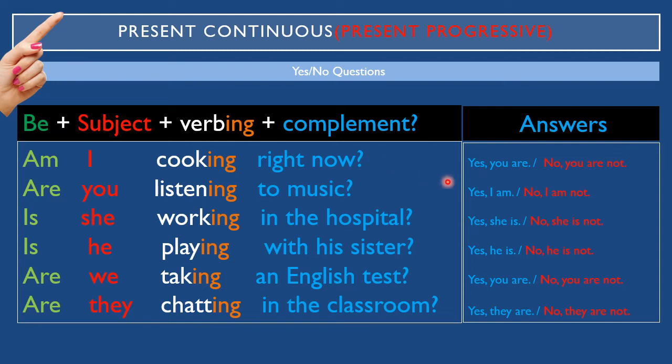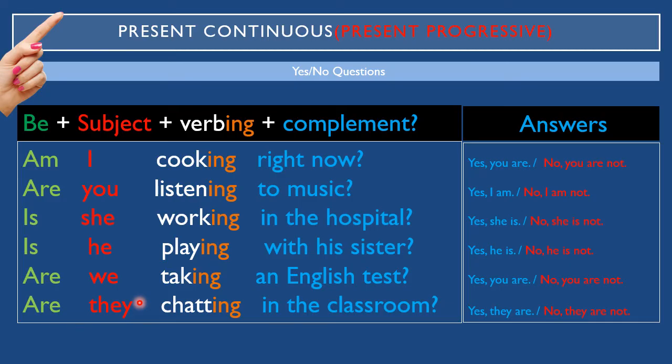So the answers are going to be yes or no. So let's see the answers. Am I cooking right now? Yes, you are. No, you're not. Are you listening to music? Yes, I am. No, I am not. Is she working in the hospital? Yes, she is.